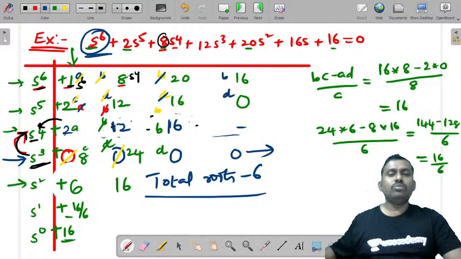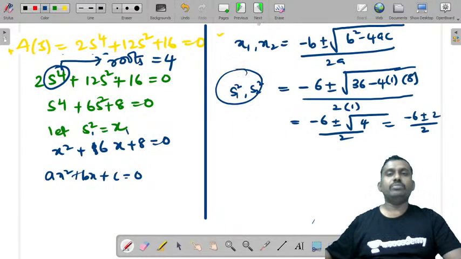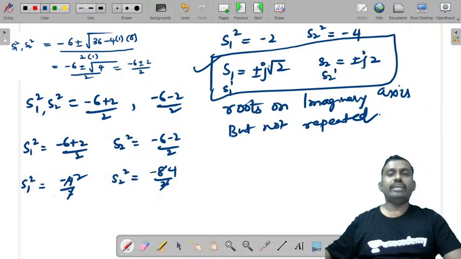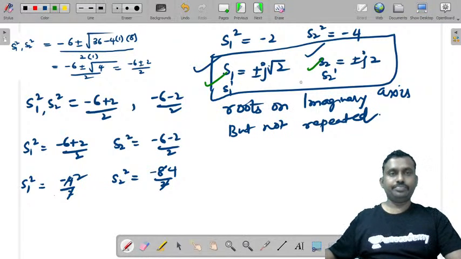We considered the row above this, found an auxiliary equation and its coefficients, and wrote them here, and we found that all the first column elements were positive. In such a case, you need to consider this auxiliary equation and find its roots. If they are not repeated roots, then the system is a marginally stable system.